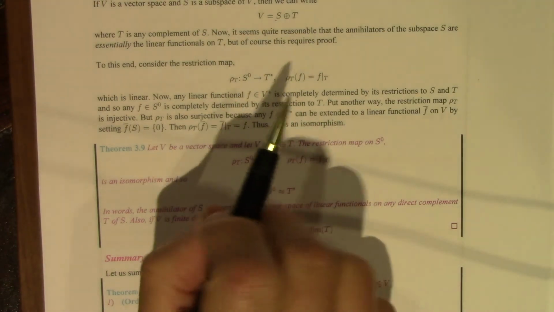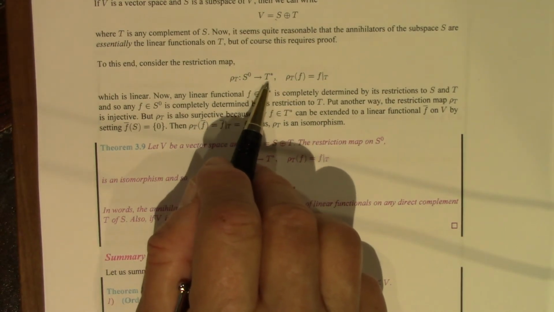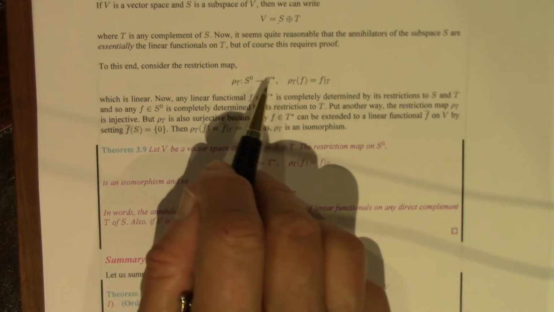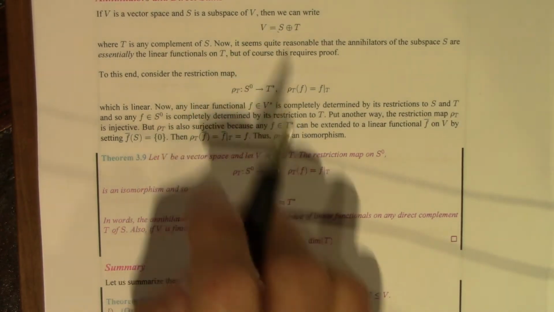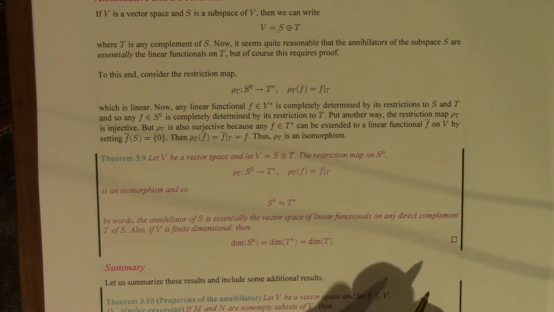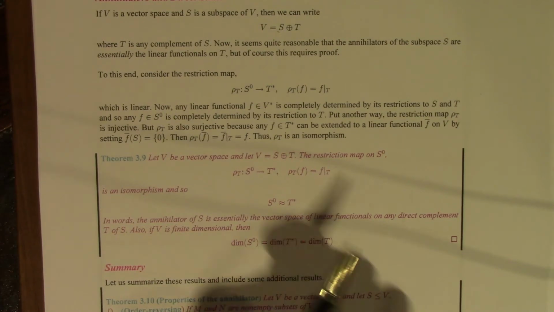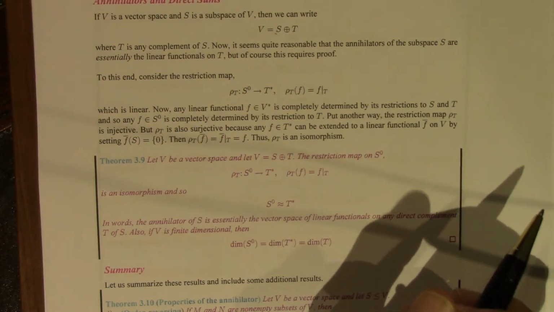But this is also a surjective map, because any linear functional on T, as I mentioned before, can be extended to a linear functional on V by sending everything in S to 0. So this is in fact an isomorphism.